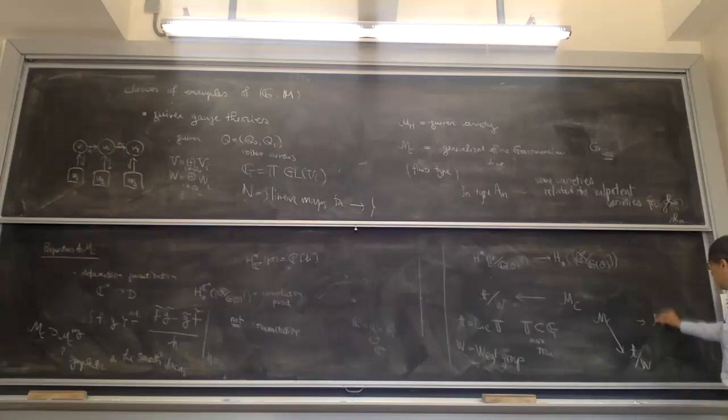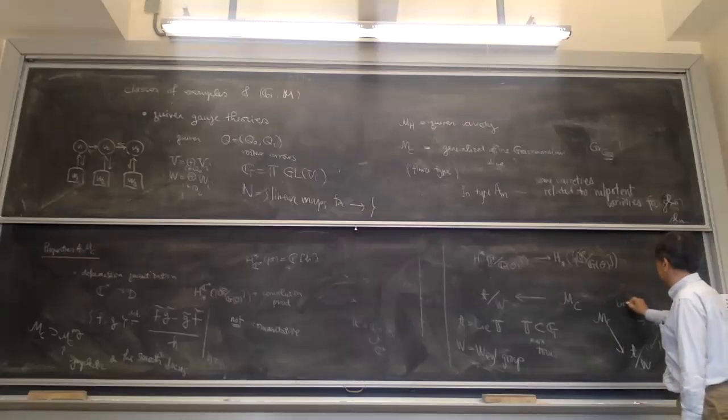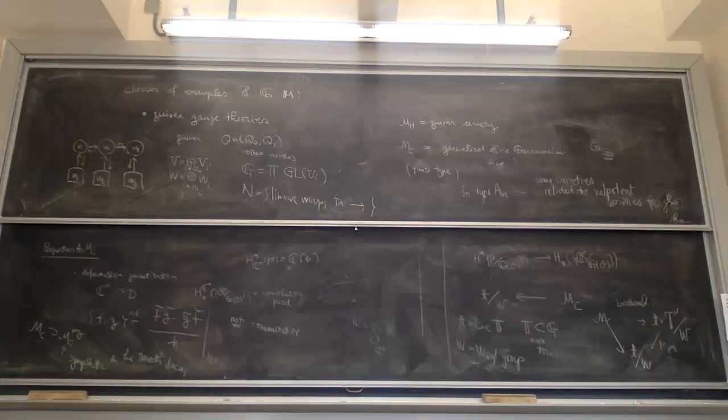You consider T cross T check, where T check is the dual torus to this maximal torus, and divide by W. And this is the first projection. And this is birational. In particular, if you consider the generic fiber of this morphism, then it is the dual torus.